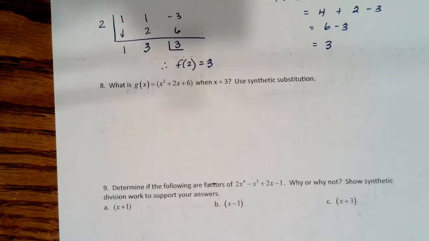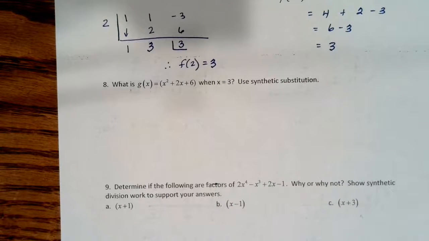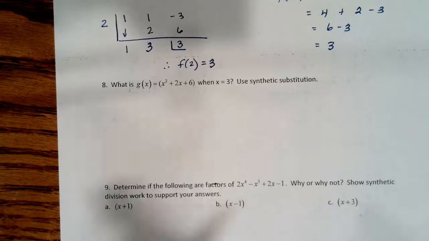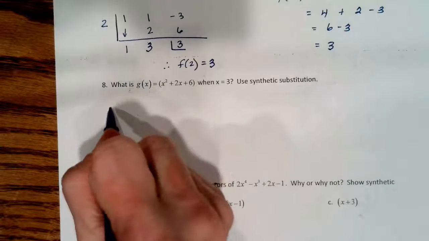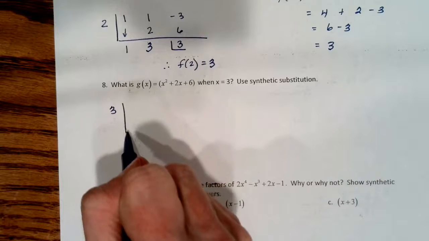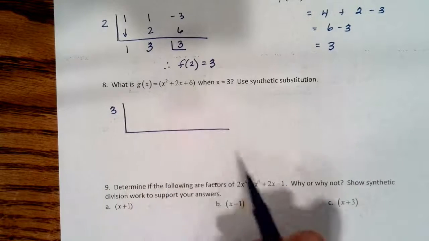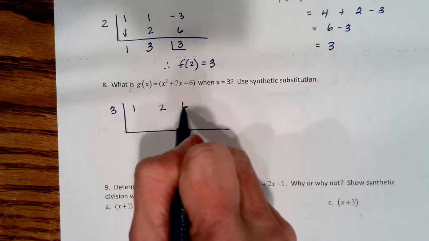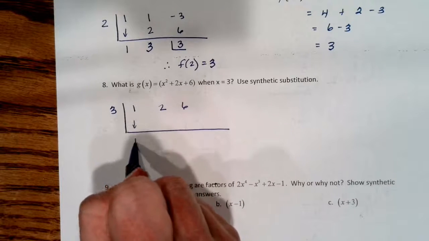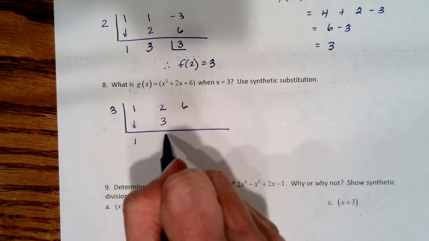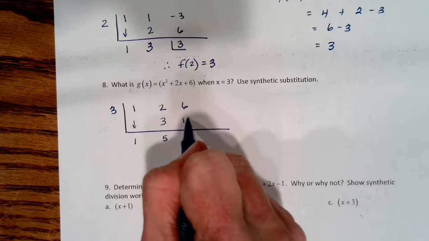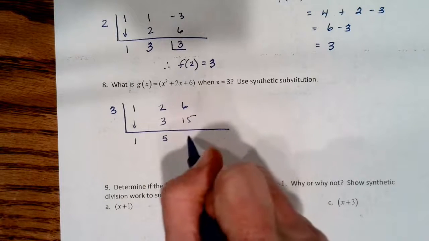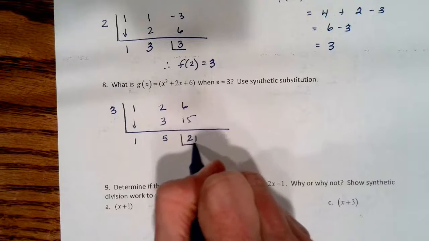Alright, what is g of x when x is equal to 3? So use synthetic substitution. 3 is going to go in my synthetic box, and I have a 1, a 2, and a 6. 1, 3, 5, 15, 21.